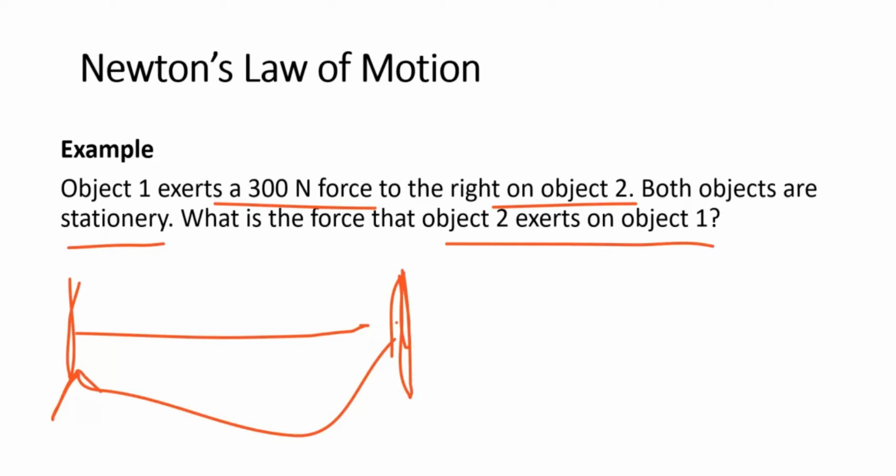The motion of the object is irrelevant. The third law is concerned with individual force acting on an object, unlike the first and second law that deal with net force. So the motion of the object is not relevant. It's just the individual force. That is what the third law is all about.